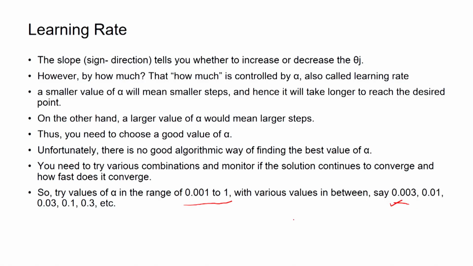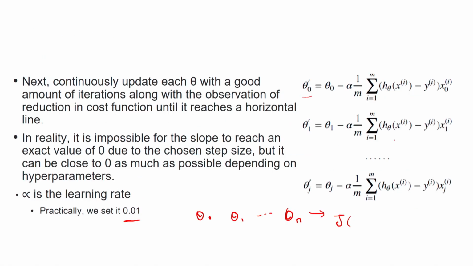For example, let us go and see here. When we are trying to update these parameters, this is the gradient that we calculated with respect to theta naught, the gradient of the cost function with respect to theta naught. Here you see we are taking a summation over i equal to 1 to m.